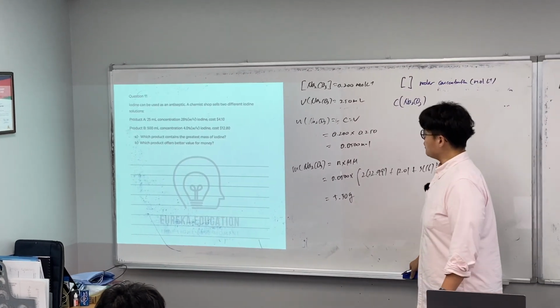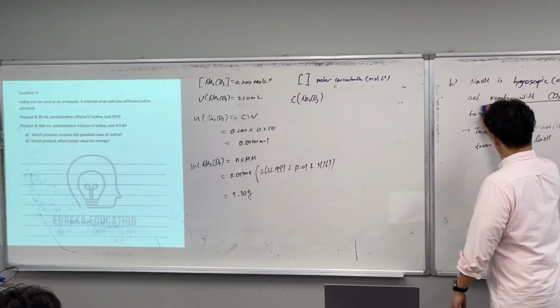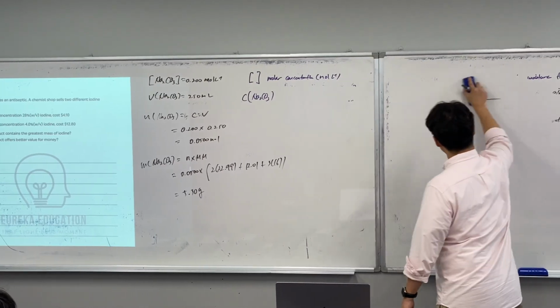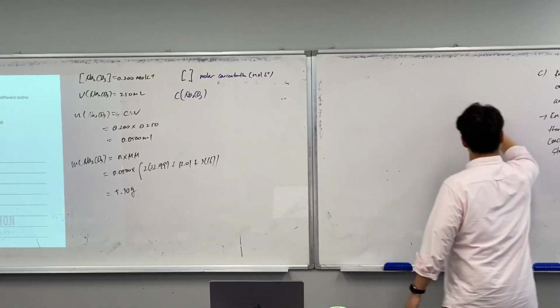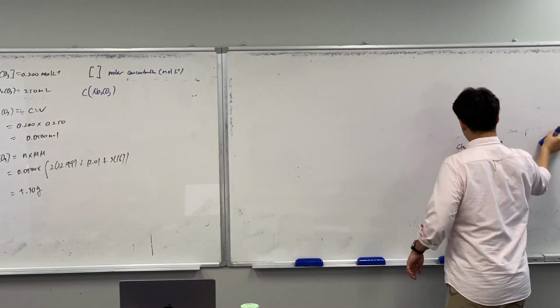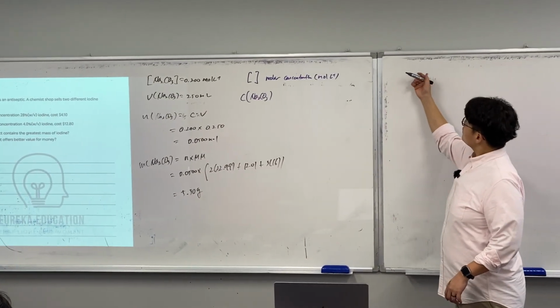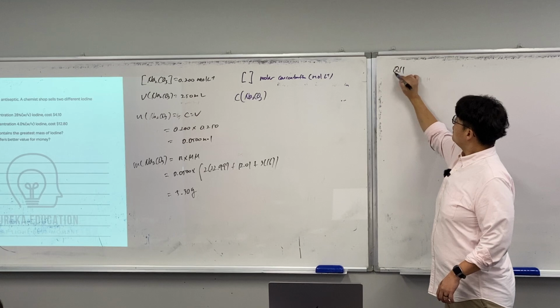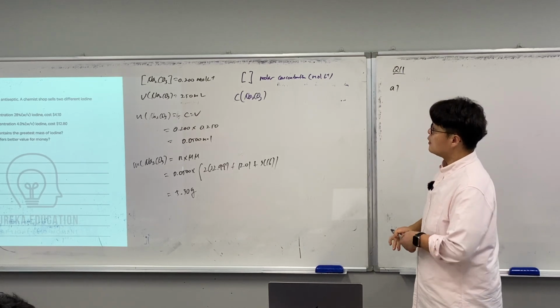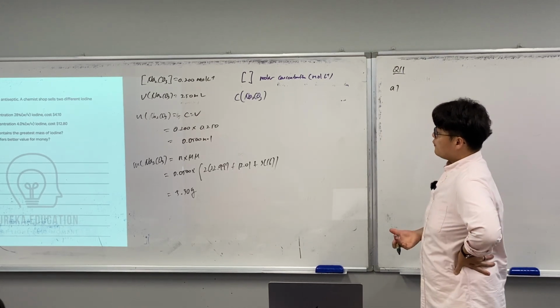So let's calculate that using the concentration values. I showed the full working out, so you can just refer to that. That's question 11. A. Okay, 25 mils.